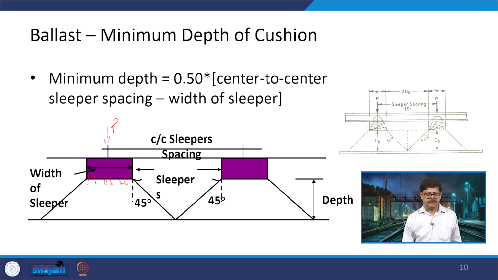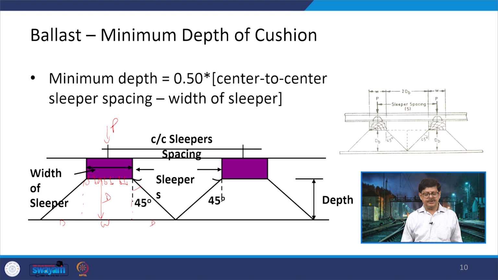And considering that this distribution is at an angle of 45 degree, if this is the depth of the ballast cushion and this is 45 degree, then what is the value here? So, this is also D and this is also D here, and this is the width of the sleeper. And similarly, on the other side also the same thing is going to happen.